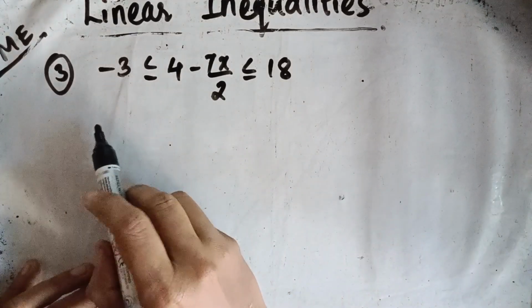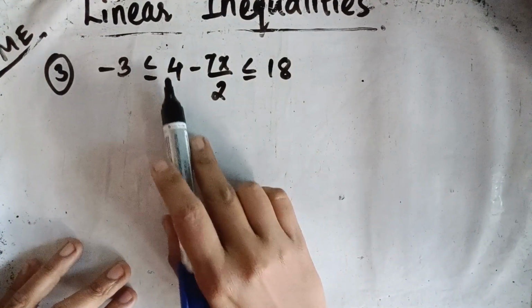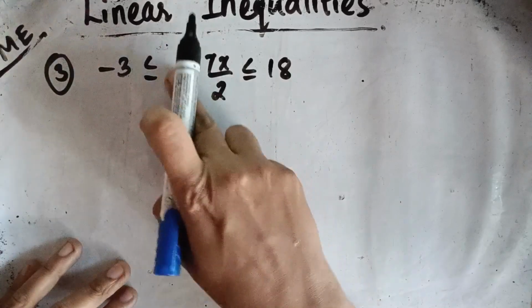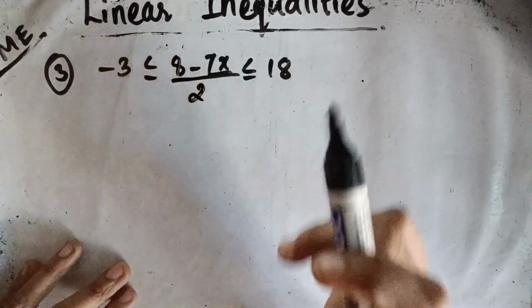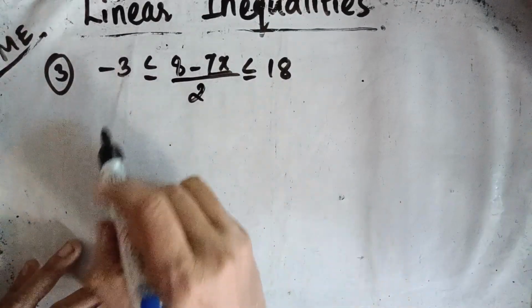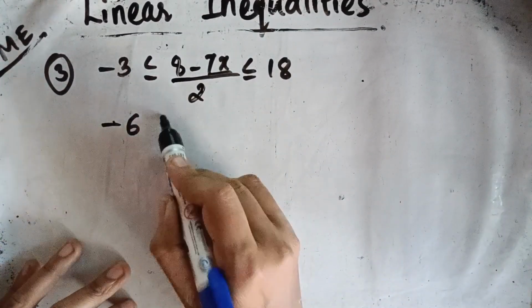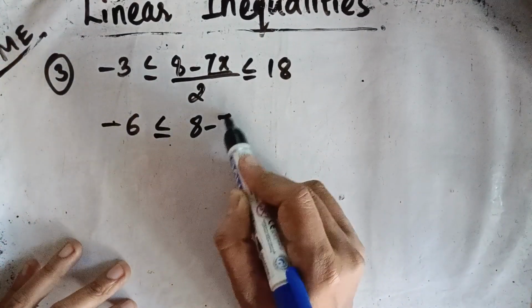next question. First to cross multiply this, so it will be 8 upon 2. Okay, now multiplying by 2 to all the sides, all the numbers.